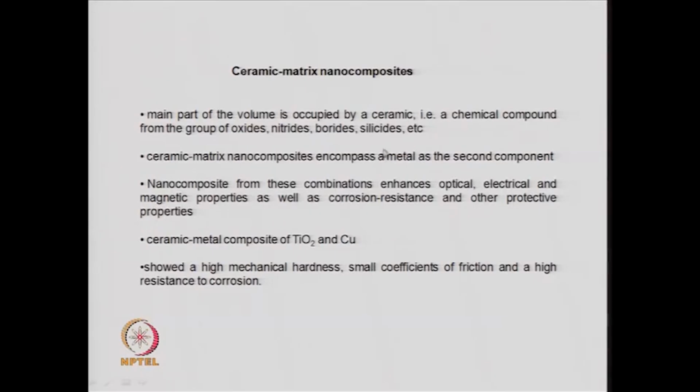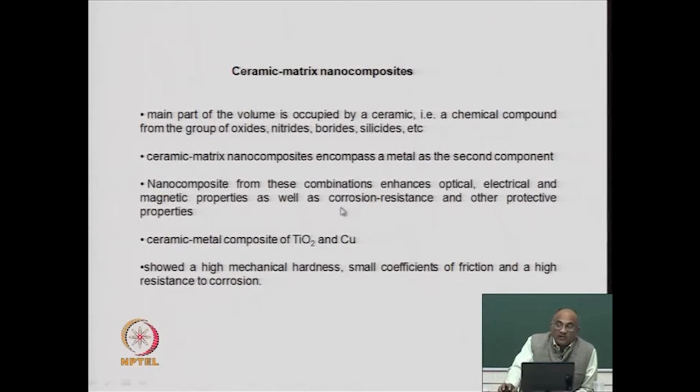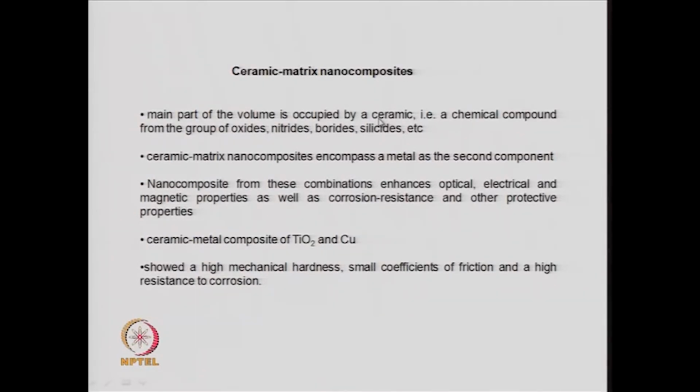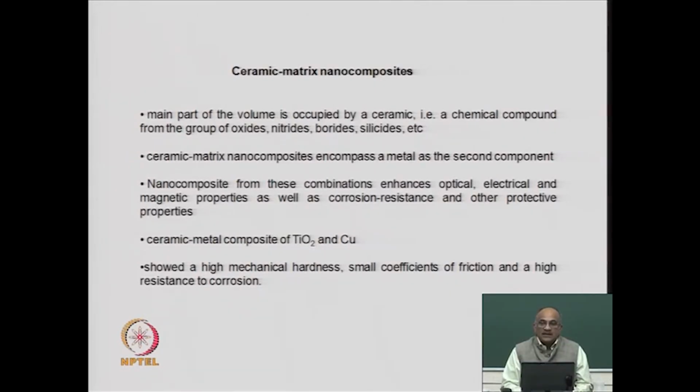Now, ceramic matrix nanocomposites are those where the main volume, that is the bulk of the material that you have made, is ceramic like an oxide or a nitride or a boride or a silicide, basically materials which have high melting points, that is they are refractory materials.